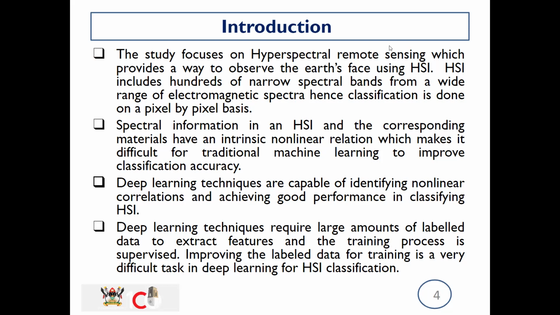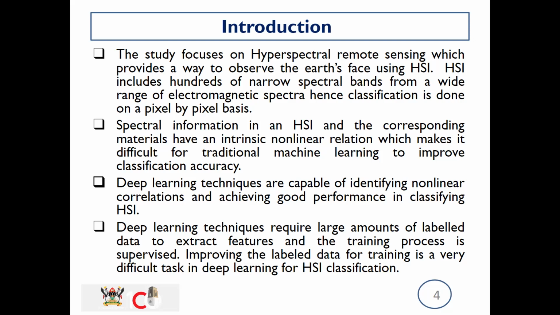hyperspectral image classification. Why use hyperspectral image classification? This is because hyperspectral images contain hundreds of narrow spectral bands with a range of electromagnetic spectra. Hence, classification is done on a pixel by pixel basis.